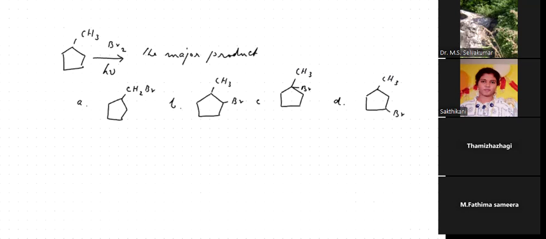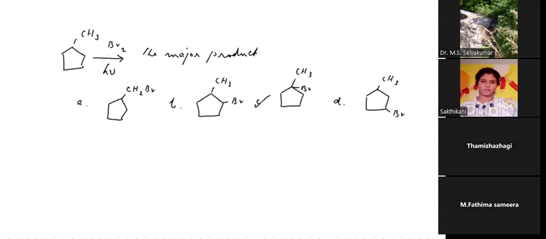When the halogenation reaction is taking place in the presence of light, a free radical mechanism will take place. According to the stability of the free radical, this will be the major product.